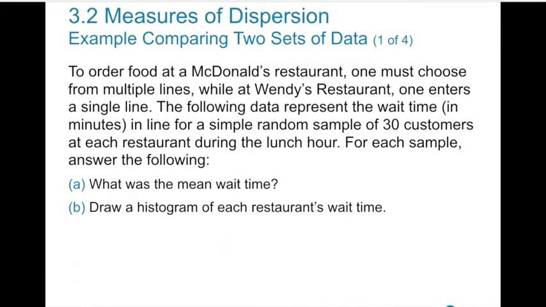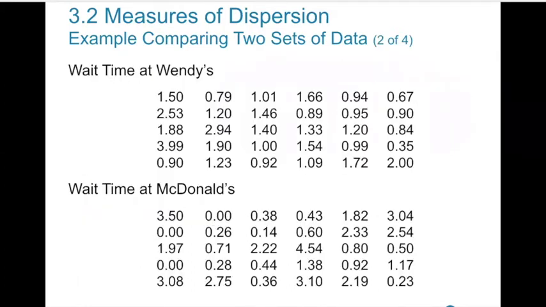So we want to find the mean and we want to draw a histogram. These are our two sets of information. Now we could put these in the calculator, or we could put these into a spreadsheet and we can find the information. If you're putting it into your calculator, if you have your Casio and you go to menu and that second option, which is statistics, you can enter a list of data.